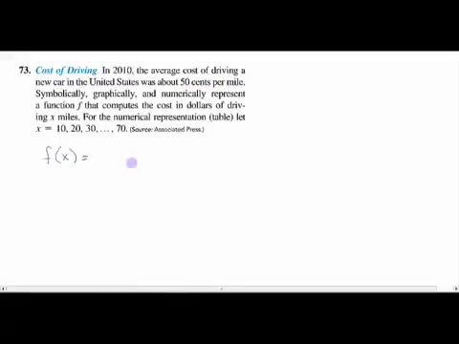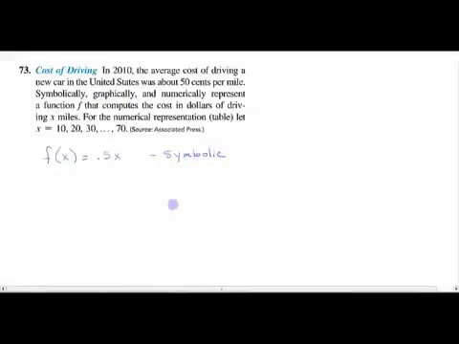If we drive 1 mile, it costs 50 cents. 2 miles, about $1. 3 miles, $1.50. So what we're doing is multiplying each mile by 0.5. So 0.5x, or you could also write 1/2 x. That is our symbolic representation of the function.